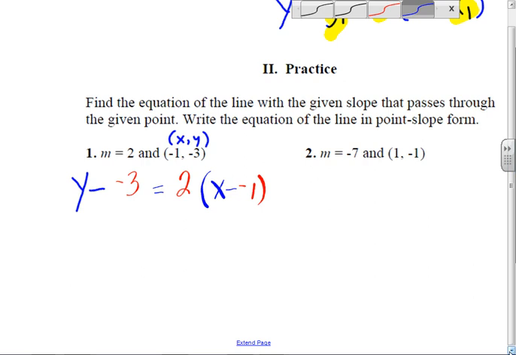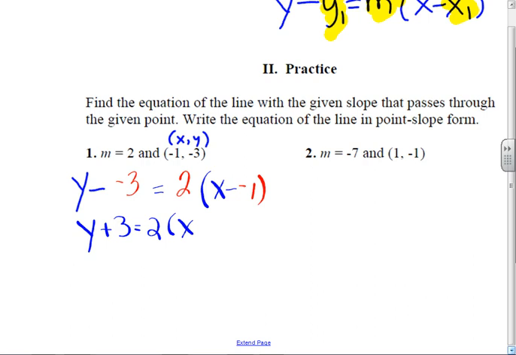They're two separate problems. We're almost done because I'd like to simplify that. What's this end up being? Right? What is y minus a negative 3? You know what minus a negative 3 is? What do two negatives make? Yes, so you do. y plus 3 equals 2x.